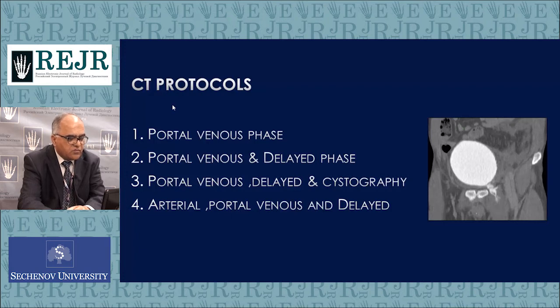The fourth protocol, which is gaining much favor amongst radiologists now, is arterial, portal venous and delayed phase. In this protocol, we can see injuries to the vessels, and with new scanners which are 64 or above, we can see all the vessels from the circle of Willis to the toes.